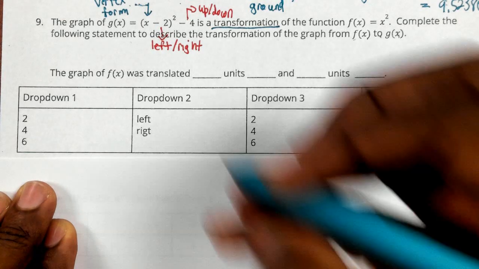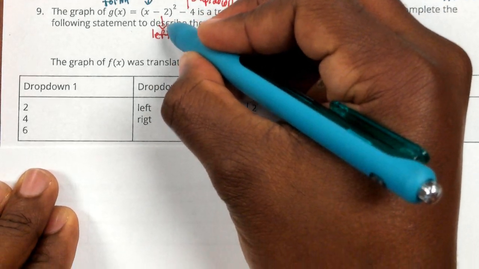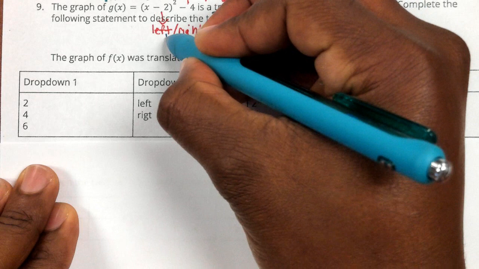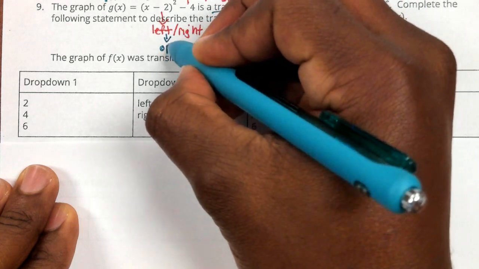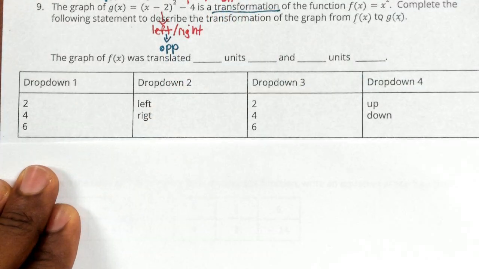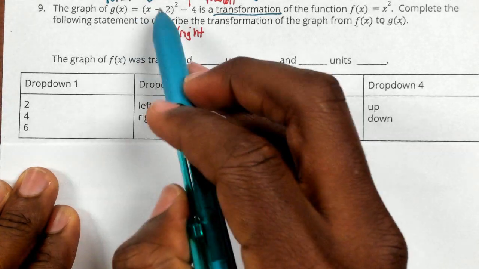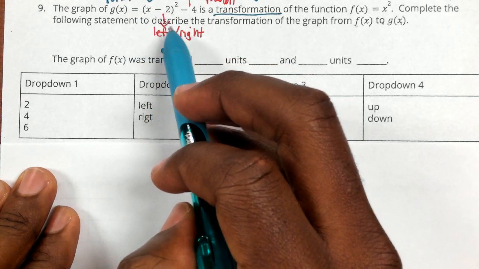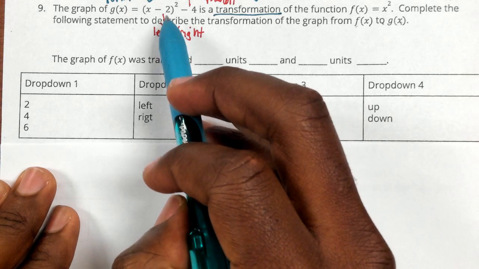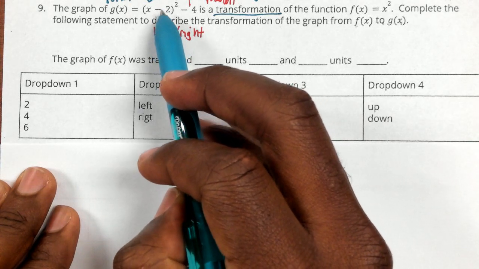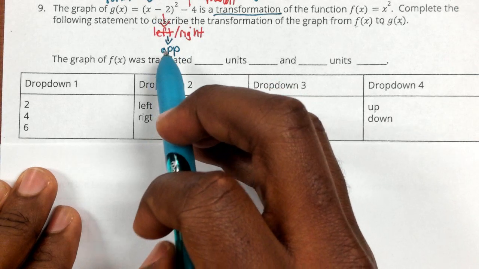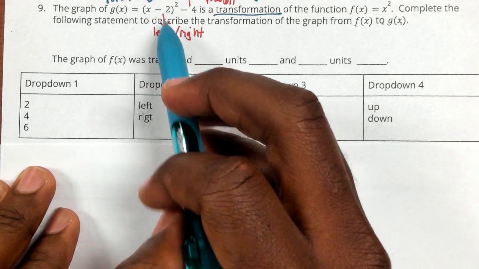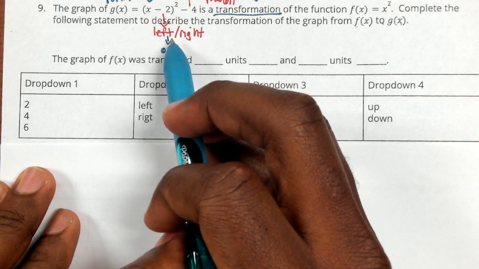However, whenever you look at the number on the inside, just like when we calculate vertex, you always need to do the opposite. So whenever it says a negative 2, you do the opposite and you're thinking about a positive 2. If it said a positive 2, you do the opposite and you think about a negative 2. You always do the opposite of that number on the inside.